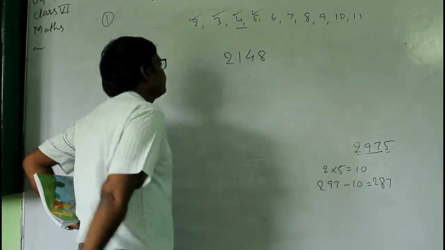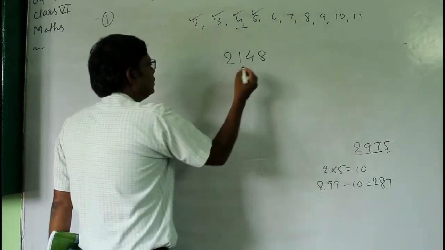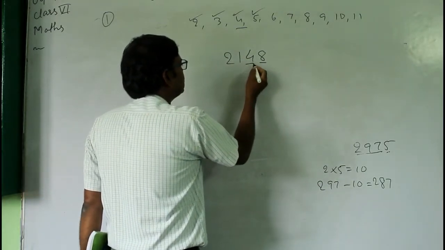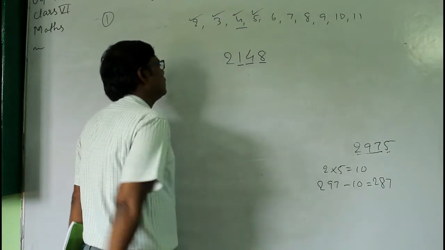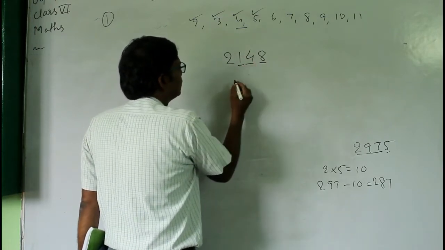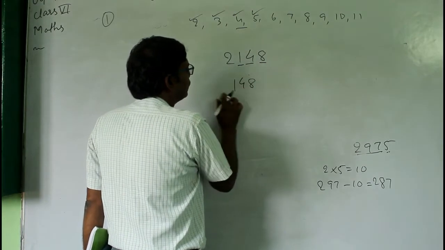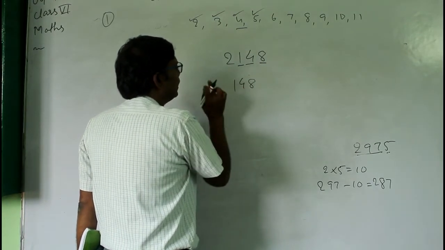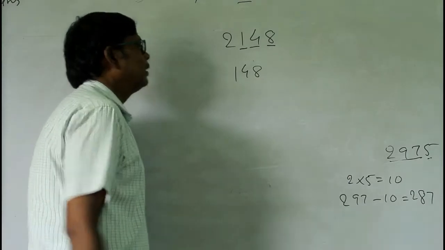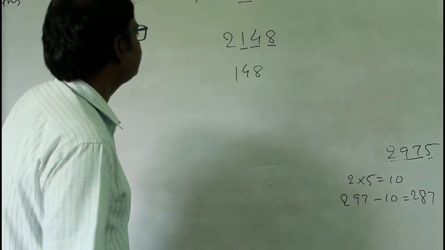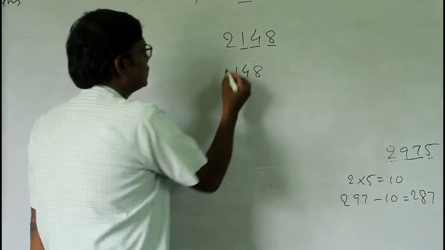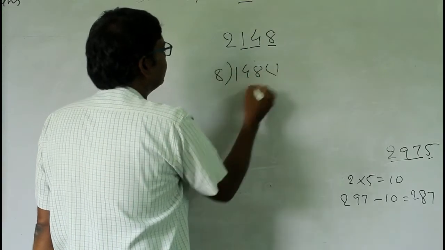Okay, write this number. Now in this, see the ones digit, tens digit, and the hundreds digit. If these digits make a number 148, and if 148 is divisible by 8, then this whole number will be divisible by 8. So see here whether this is divisible by 8 or not.